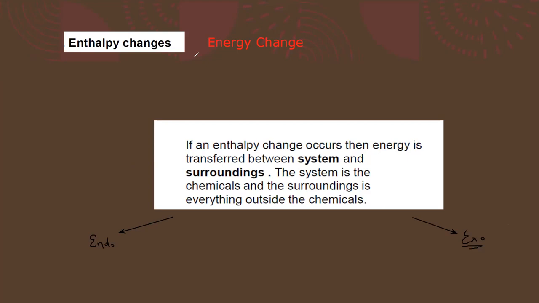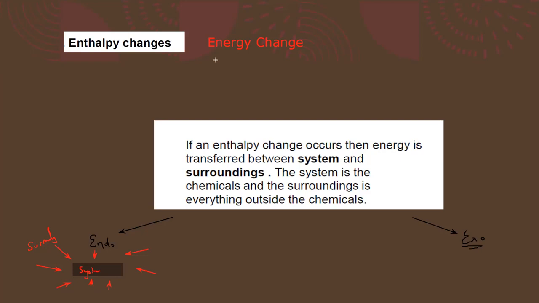If we have a system like this, the gray shade is representing the system, and anything other than the system is the surrounding. So what happens in endothermic reactions? The energy transfers from the surrounding to the system. So the system energy increases and the surrounding energy decreases.